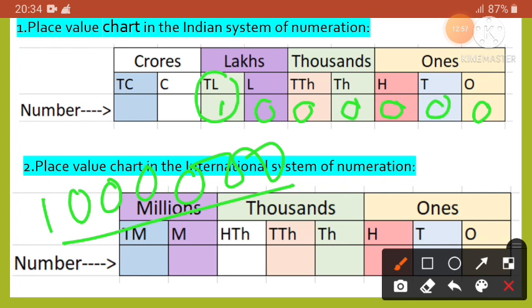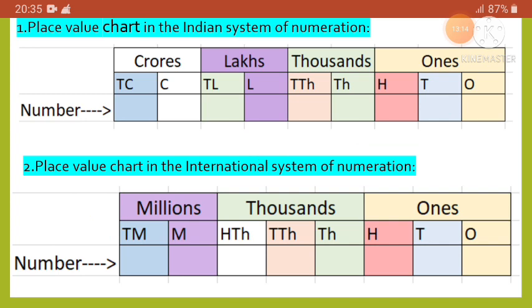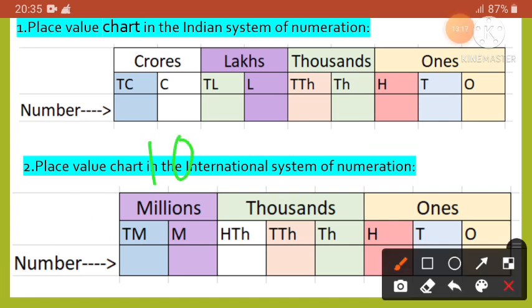So we can write 10 lakhs in words. And if we want to write it in figures, we write it this way: 10, then comma, then 00, comma, then 000.